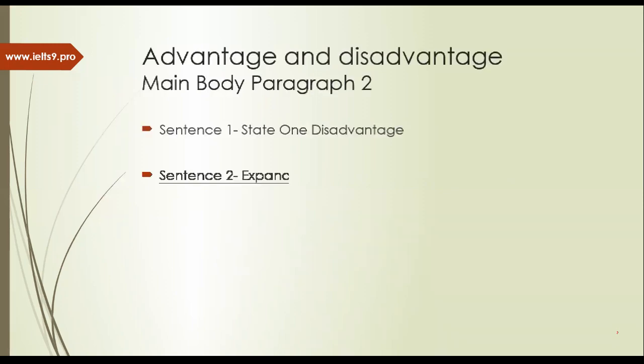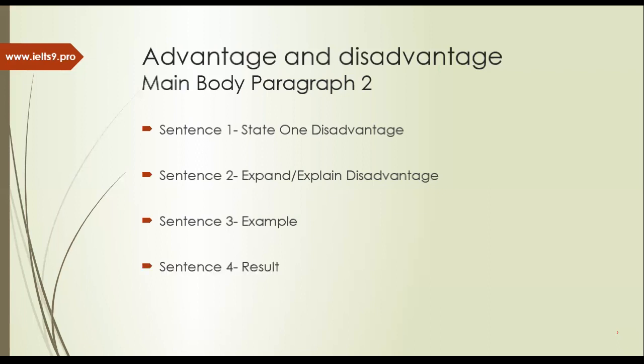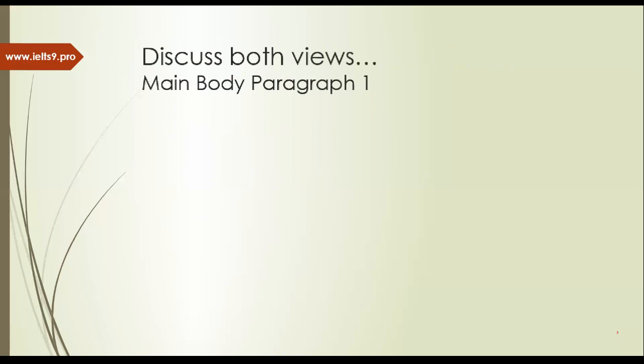Disadvantage, again, this is a disadvantage because, for example, this is a disadvantage. As a consequence, we can see that this is a disadvantage. It's that simple. Now, it's a formula, yes, but this is what the examiner is asking for.